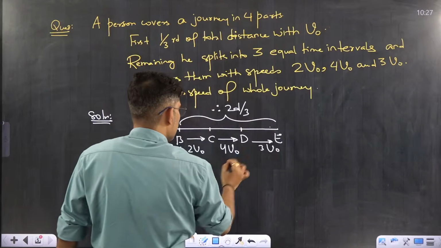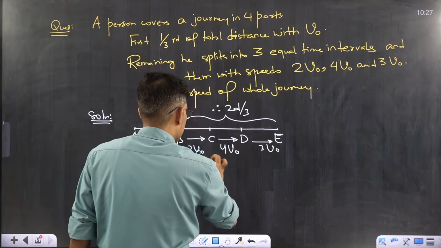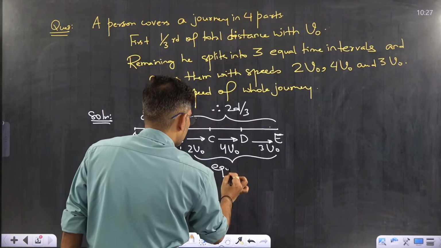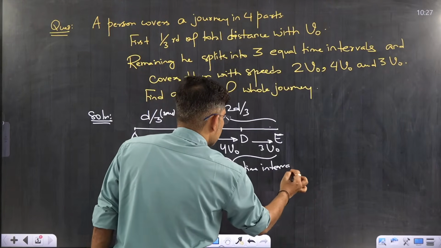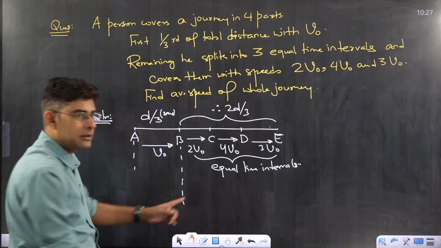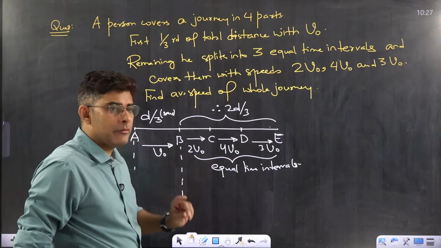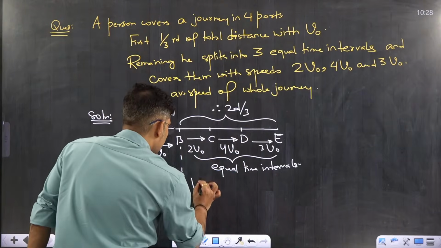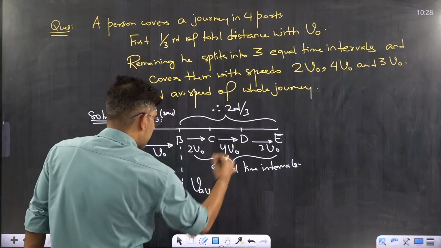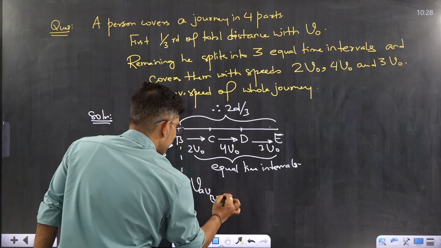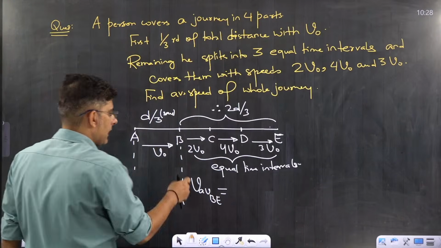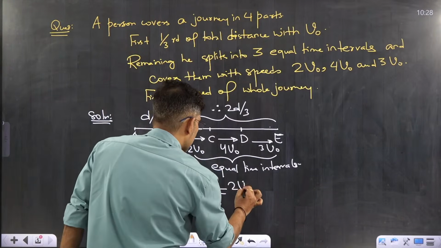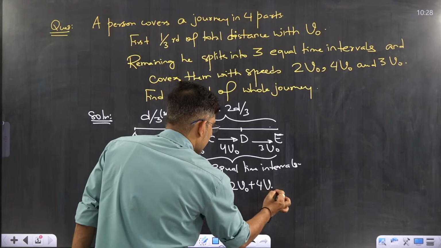And they have mentioned that these 3 parts are equal time intervals. So see the shortcut. If these are equal time intervals, can I directly say the average speed for this part, only this part, B to E, how much will it become? Average speed for this part will become the average of these three, because they are in equal times.